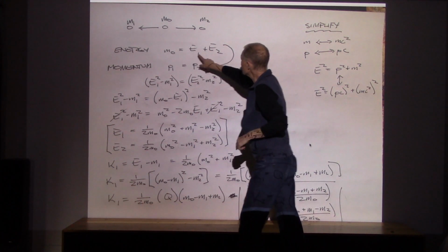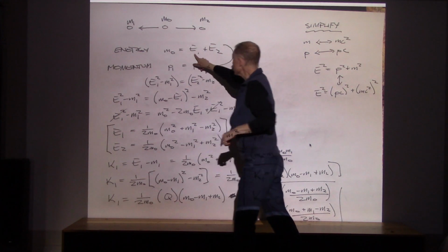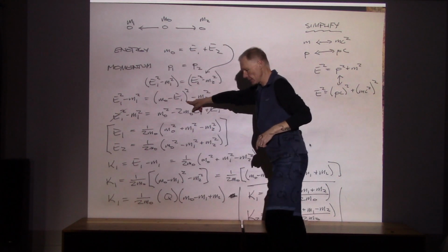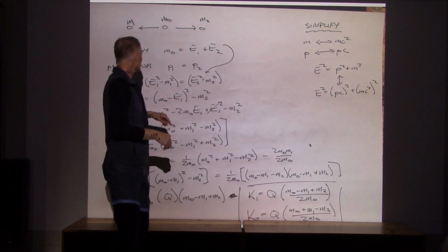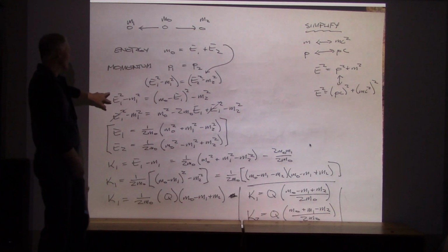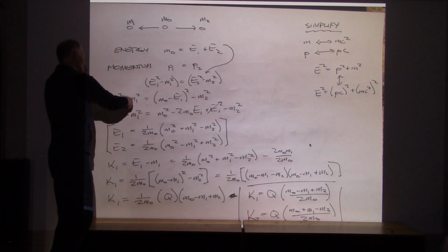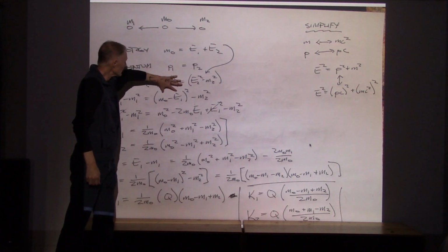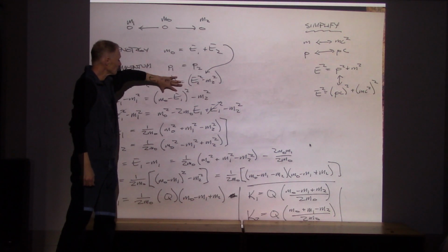E2 would be equal to m naught minus E1. So in the next line I've substituted that in.